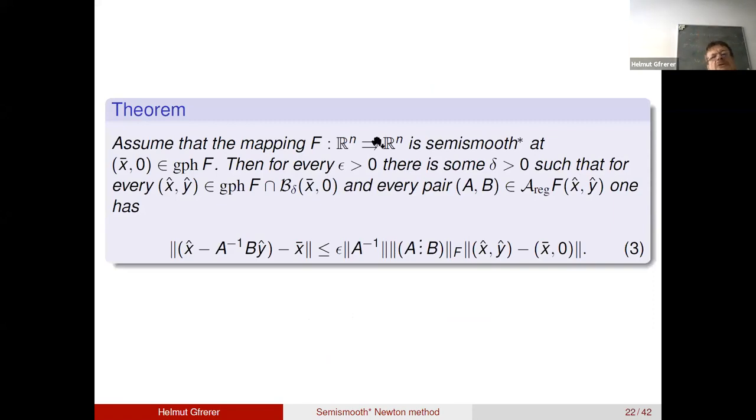What do we know about the accuracy of this Newton step? If we have our point (x hat, y hat) close to (x bar, 0), then for every pair A and B belonging to A_reg F(x hat, y hat), we have this estimate: the norm of our Newton iterate minus the solution is less or equal to some small quantity, times a term depending on our chosen matrices A and B, times the difference from our approximation step.